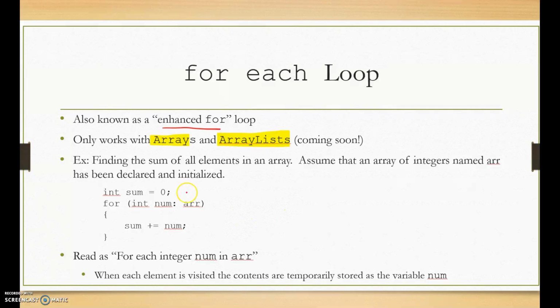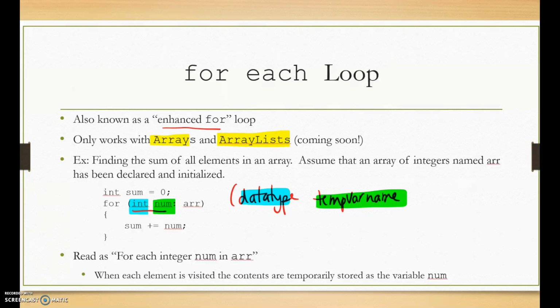And here's how this works. We essentially say for, and then we have int num, and then colon arr. So it's essentially going to be the data type, which in this case is int, then a temp variable name, which in this case is num, and then a colon, and then the array name, which in this case is arr.